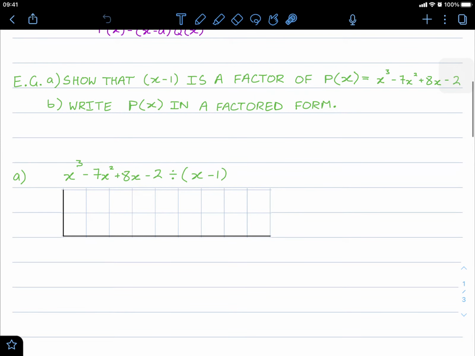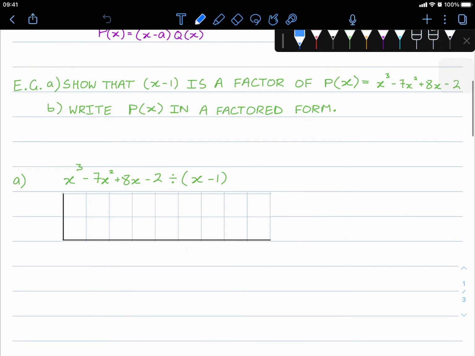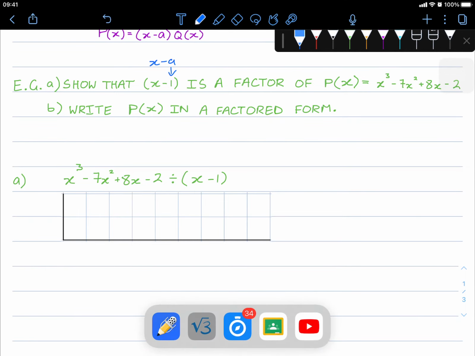Let's show that x minus a is a factor of this expression. You can do this in one of two ways. You can do long division, or you can substitute the value of 1, because remember it's x minus a. In this case a is 1, so let's do that first.